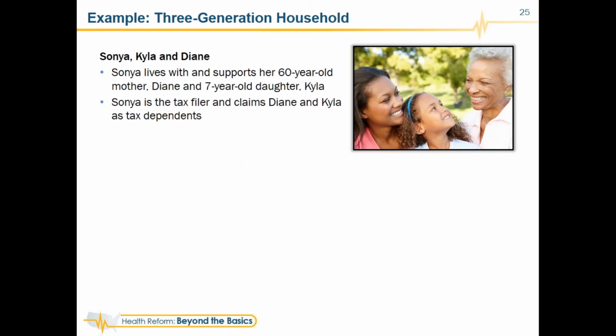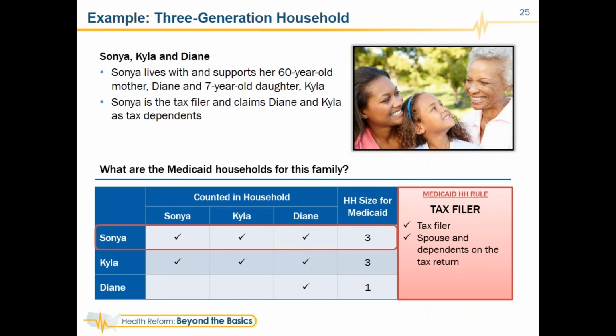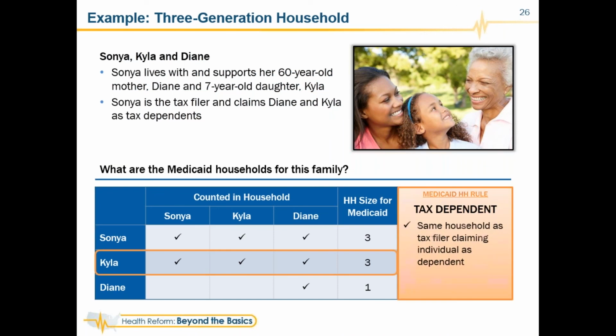So this is kind of what we see often. Now we're going to look at a 3-generation household. Sonia supports her mother, Diane, and her daughter, Kayla. Sonia is a tax filer and claims both her mother and her daughter on her tax returns. So what are the Medicaid households? For Sonia, she has a household size of 3.